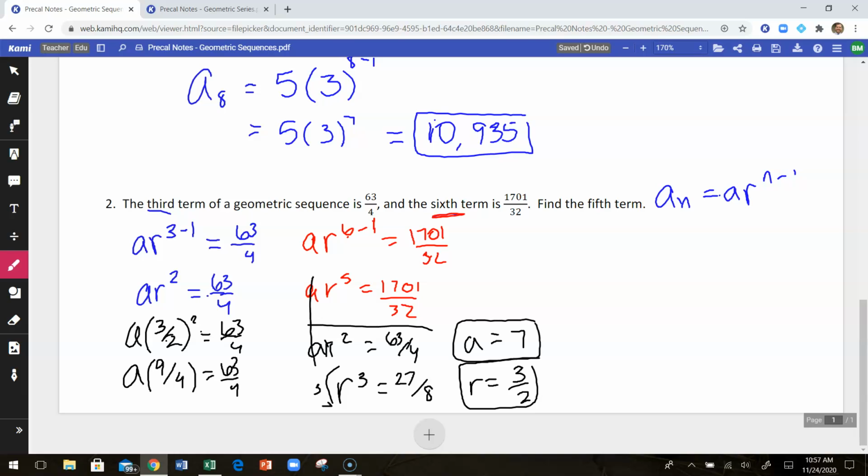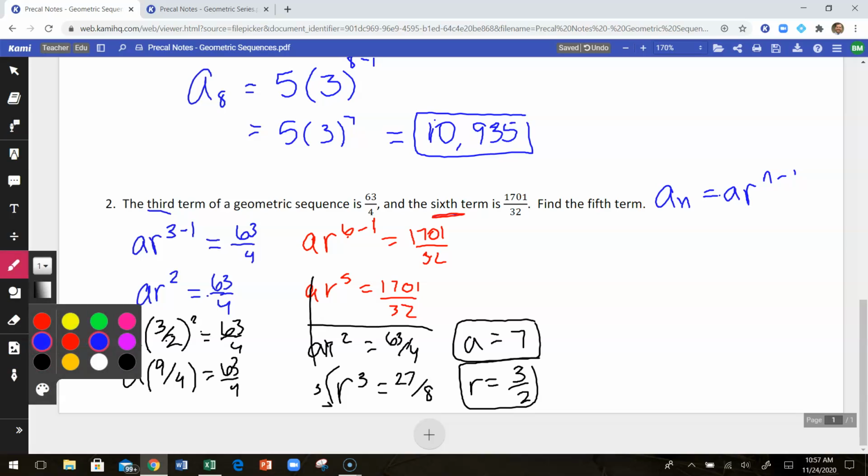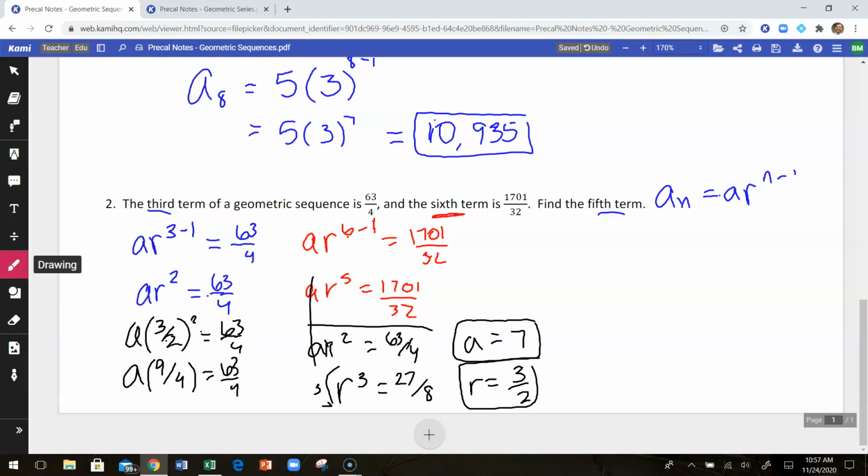So now I know the value of A and R. I can use those to find the value of the fifth term. So I want to find A of 5. I now know that A is 7 and that R is 3 halves, and we're going to plug in 5 minus 1 as my exponent.